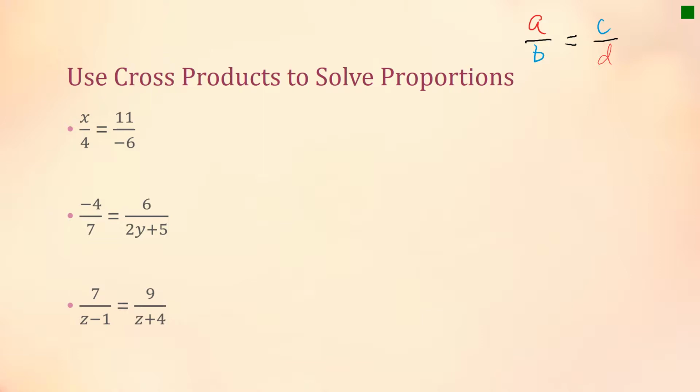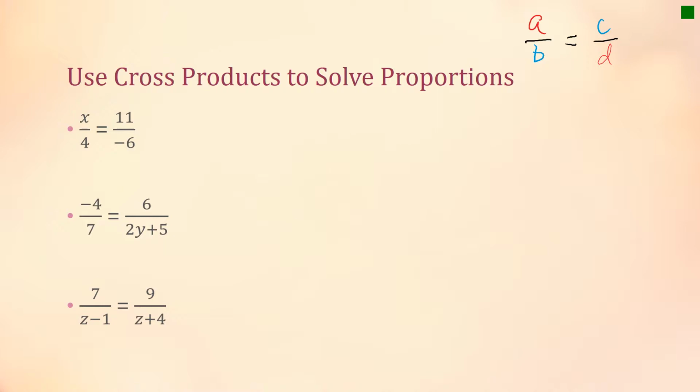The extremes are defined as the product of the numerator of the first ratio times the denominator of the second ratio, and the means is the product of the denominator of the first ratio and the numerator of the second ratio.